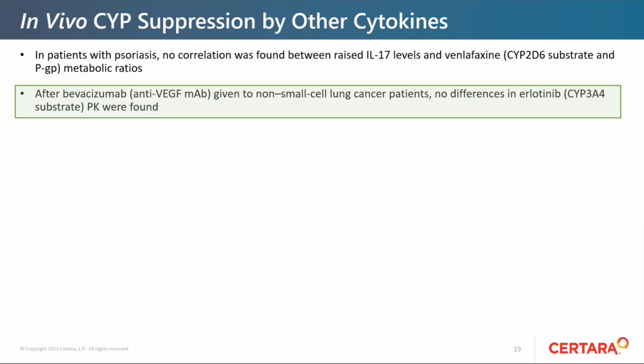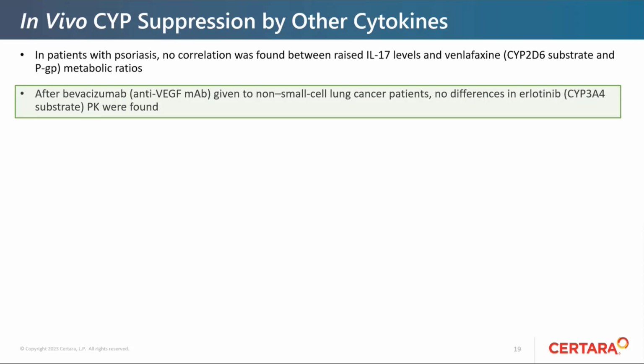For other cytokines, in patients with psoriasis, IL-17 concentrations were significantly increased when compared with healthy subjects, but there's no correlation found between raised IL-17 levels and venlafaxine, which is a 2D6 and PGP substrate.